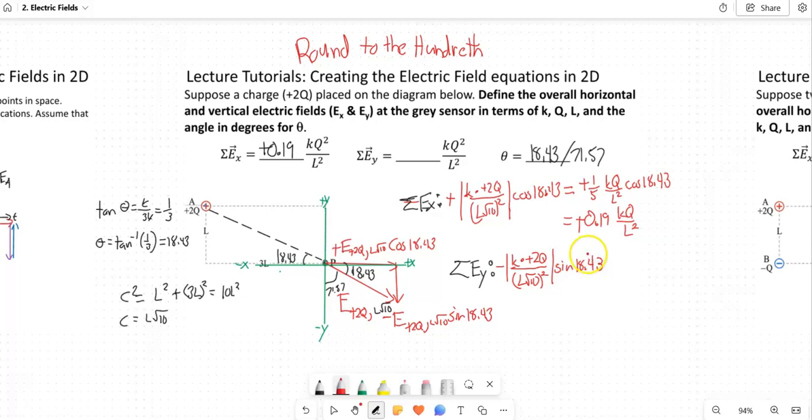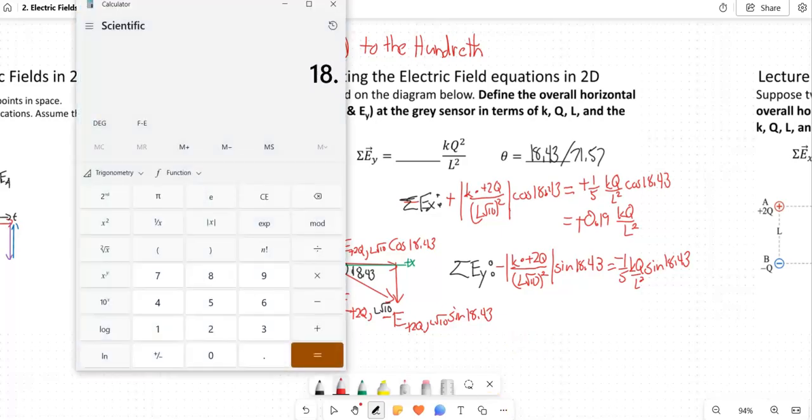So this, we already know, is 1/5. So we know the answer here is going to be pointing down though, -1/5 KQ over L squared sine of 18.43. Okay.